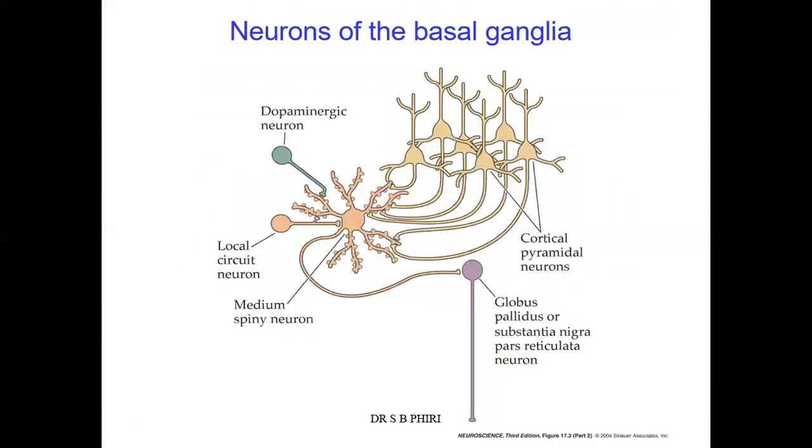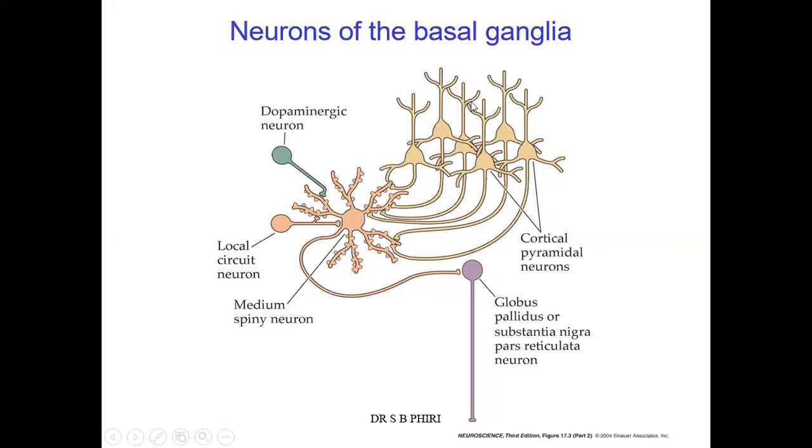Neurons of the basal ganglia. So this is just a typical example of a neuron that is found within the basal ganglia nuclei. The major one is called the medium spiny neuron. This medium spiny neuron has a lot of dendrites that are communicating with a lot of neurons.